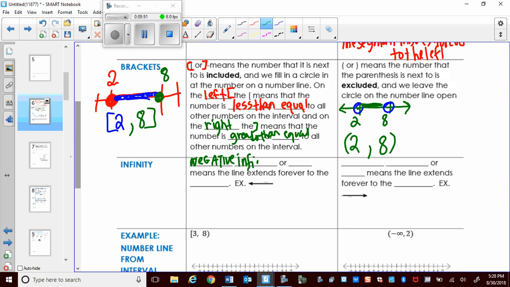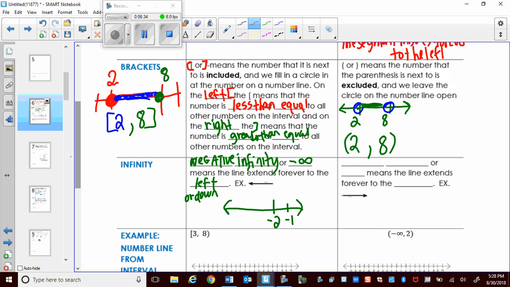But negative infinity, or symbolically, negative halfway figure eights, means the line extends forever towards the left, or down, depending on whether we use the x-axis or the y-axis. So for example, if I were going from -2 on a number line, let's say I have a number line, -1's on the other side, and I was going all the way to forever.